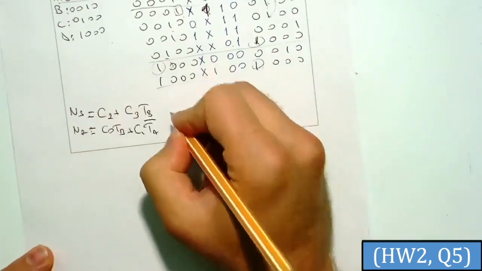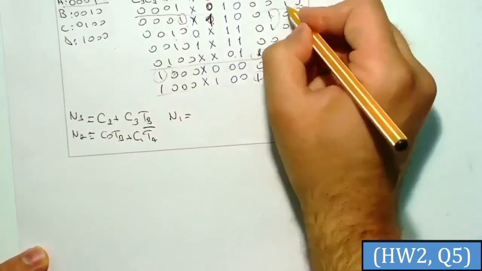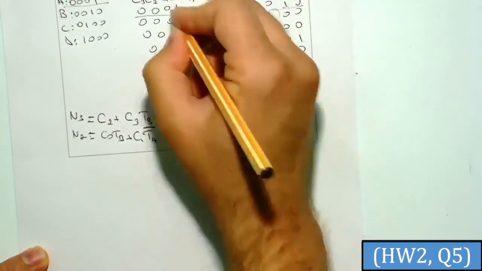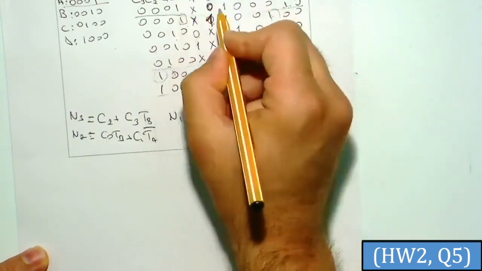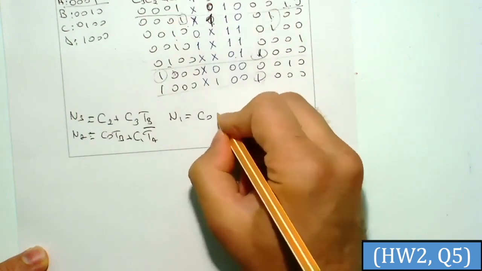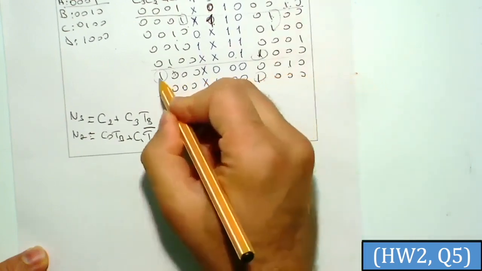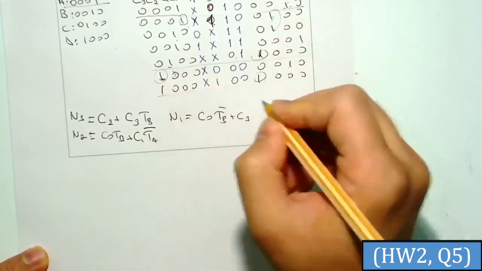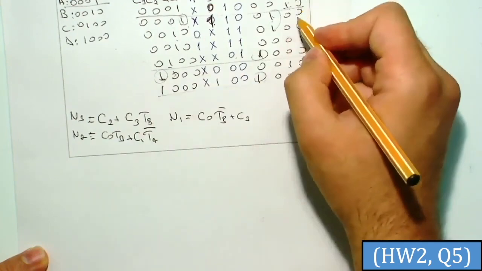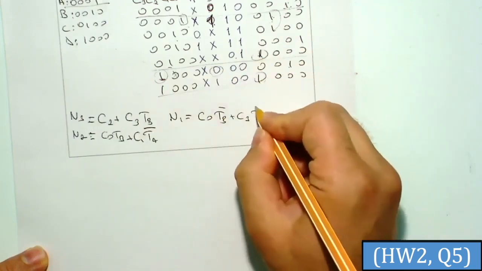So for N1, I have here N1 1. This means that C0 is 1, and I have TB as 0. Okay. And for that one, I have C3 as 1, and we have TB 0. Right.